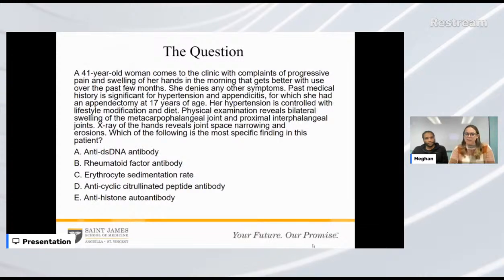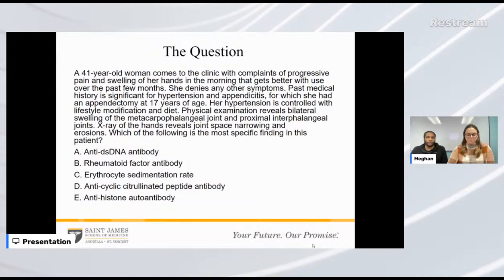What key things do you take away from this question so that you could properly address the answer? The general thing I think of with every single question is age and demographics. So we have a 41-year-old woman, with the question already giving us the options of autoantibodies.